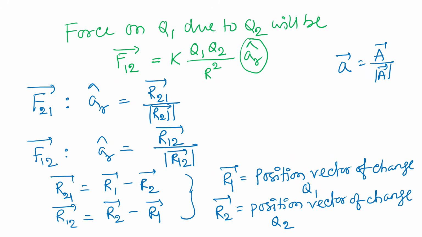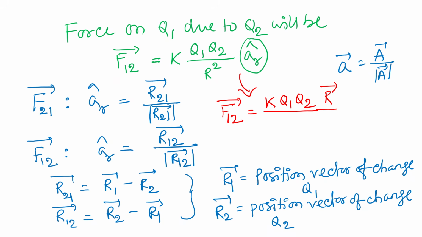One more thing that I would like to add here is that this Coulomb's law can also be represented in this way, that for example your F12 vector, or I can simply say F vector, can also be written as k into q1 into q2, and this r cap or the unit vector can be represented in terms of its constituent vectors, r vector divided by mod r.